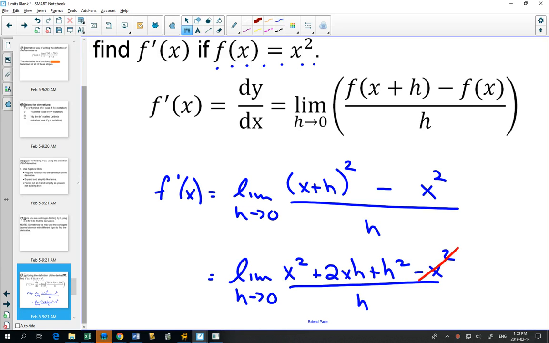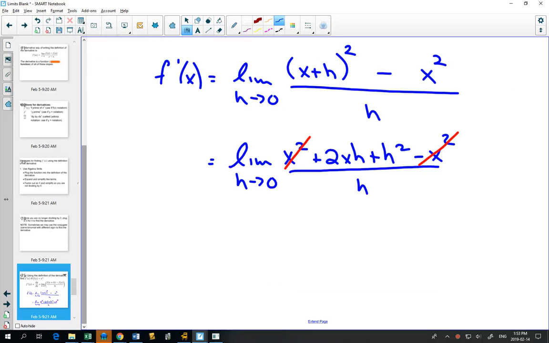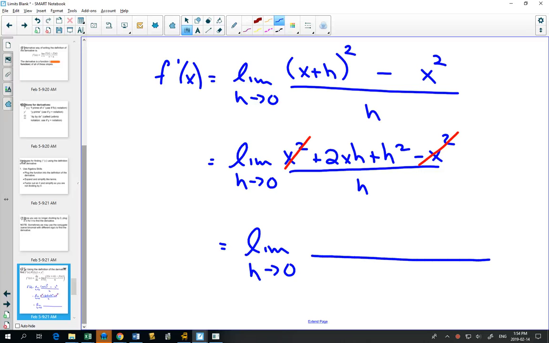You might notice that your x squared terms cancel. And with what is left on top, we have a common factor of h. So I can factor that value out, which was our goal, to simplify that h on the bottom.